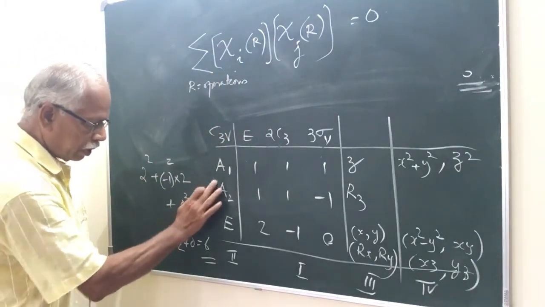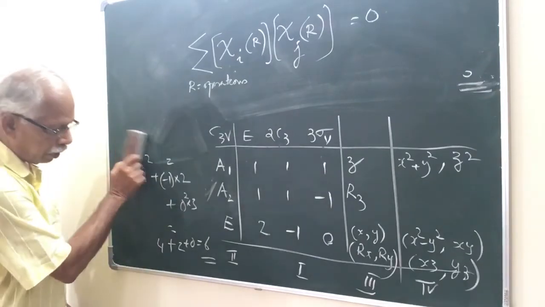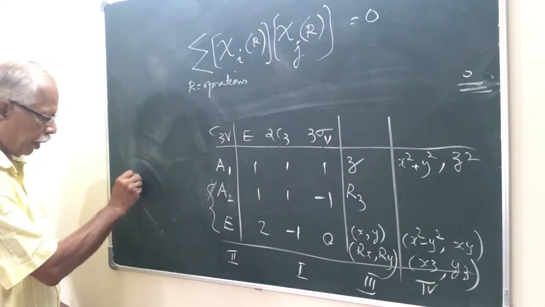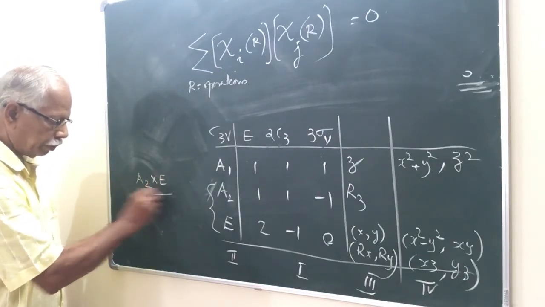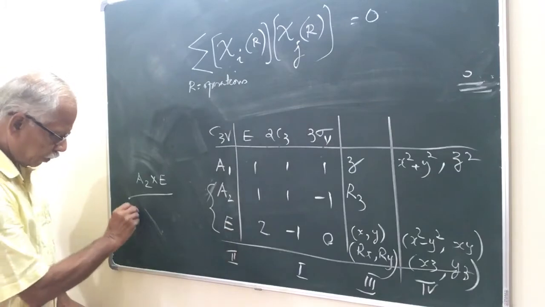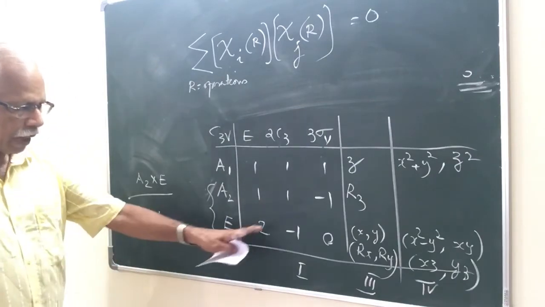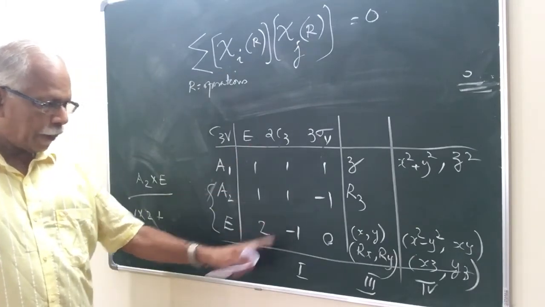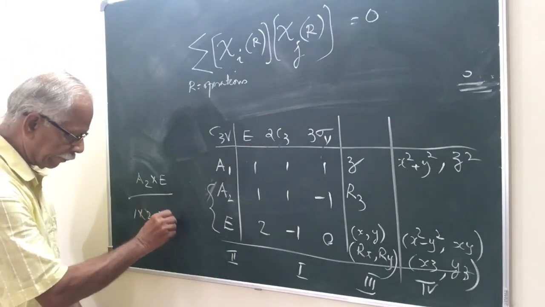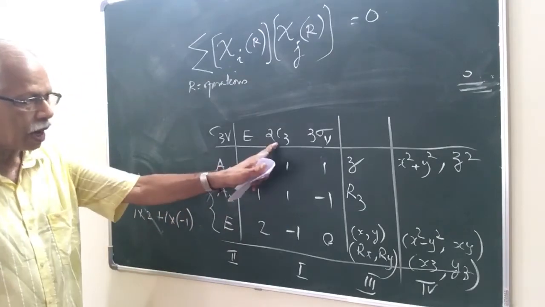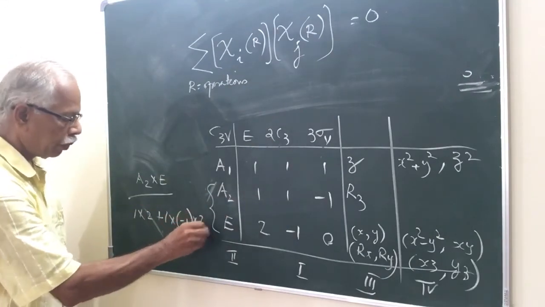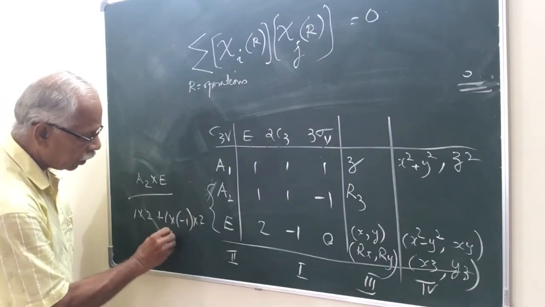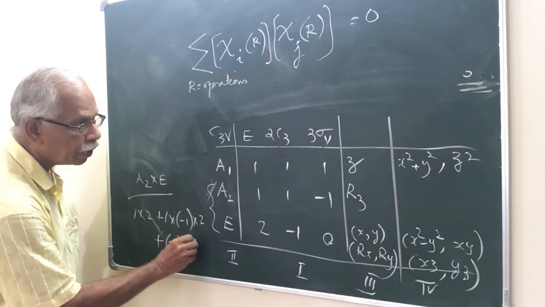Let us check this rule 3 by considering these two, A2 and E. 1 into 2, the characters under the corresponding operation. 1 into minus 1, because there are 2 operations, into 2, plus minus 1 into 0 into 3.